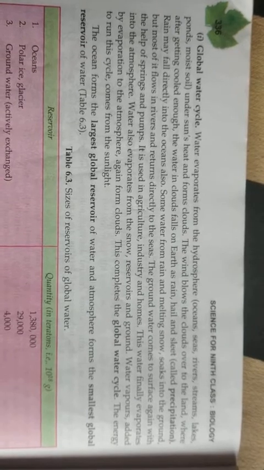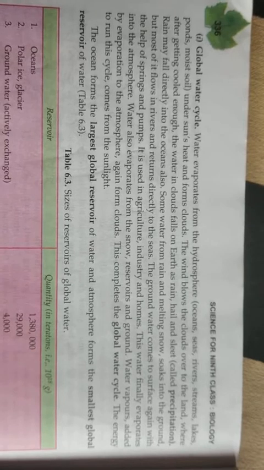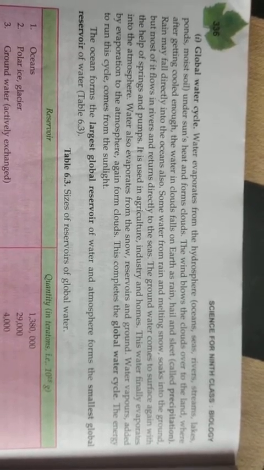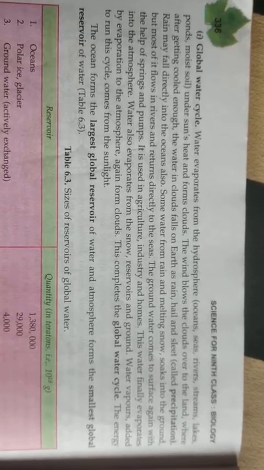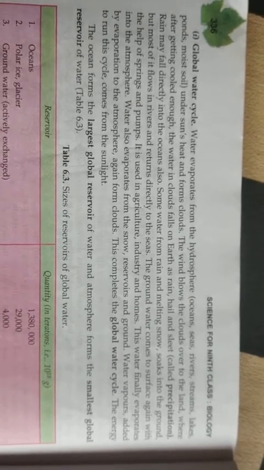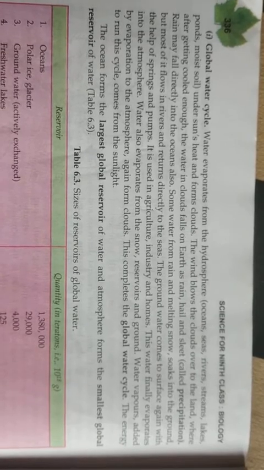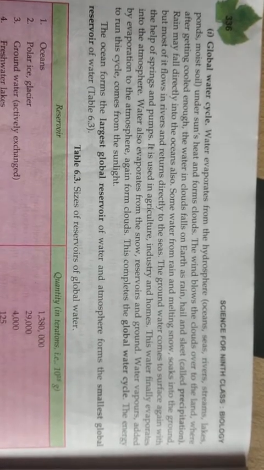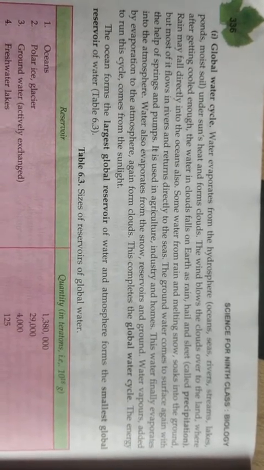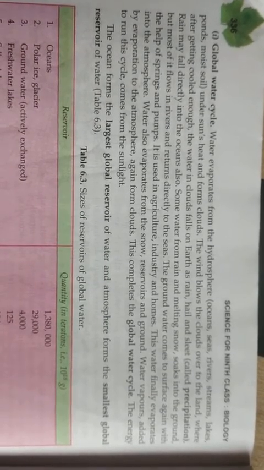This water finally evaporates again into the atmosphere, and it may form snow or vapor. The water vapor is added to the atmosphere again, and again forms the clouds. This completes the global water cycle.